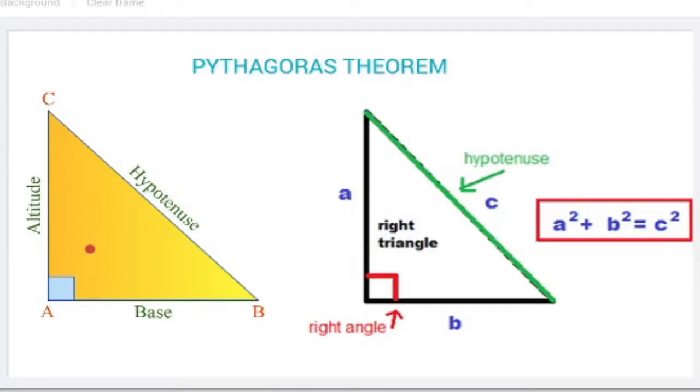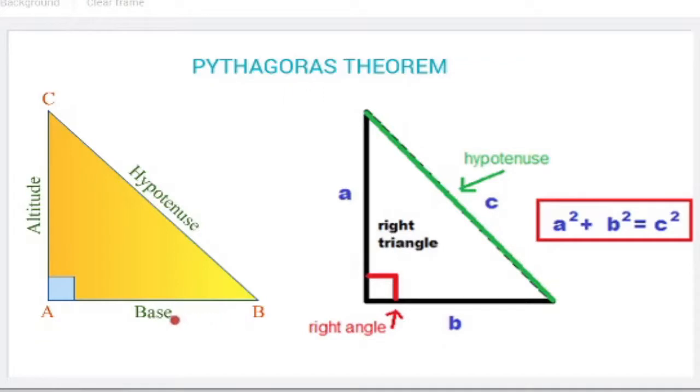Right angle triangle means in a triangle, if one of the angles is 90 degree, then it is known as a right angle triangle. And the side opposite to the right angle is known as the hypotenuse. So here the side BC is opposite to angle A, so this side BC is known as the hypotenuse.